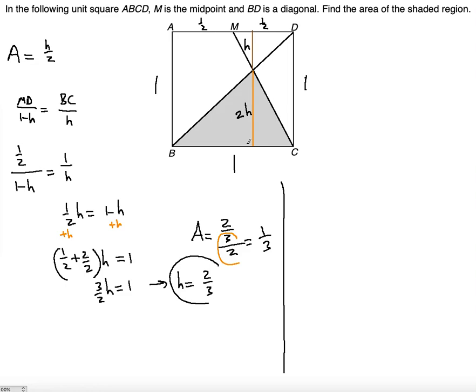So you can say 2h for this one. Now the area of this triangle is going to be what? 1 times 2h divided by 2, which is equal to h.